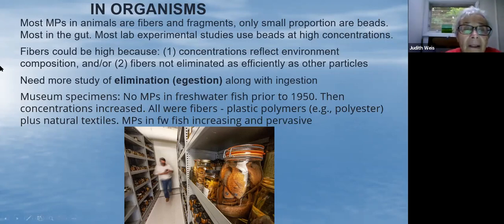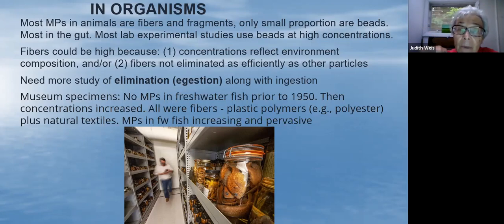When we see most of the microplastics in the animals are fibers, that could be because the concentrations in the animal are reflecting the proportions in the environment, but it could also reflect the fact that fibers are not eliminated as quickly as other shapes of microplastics.